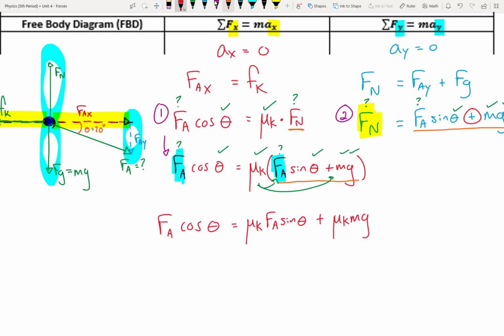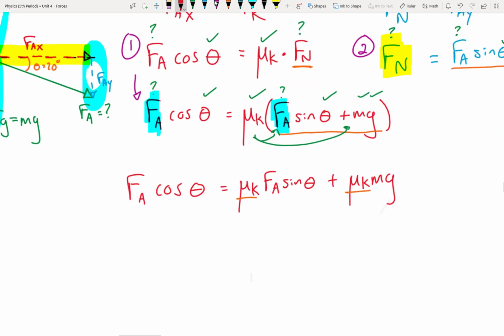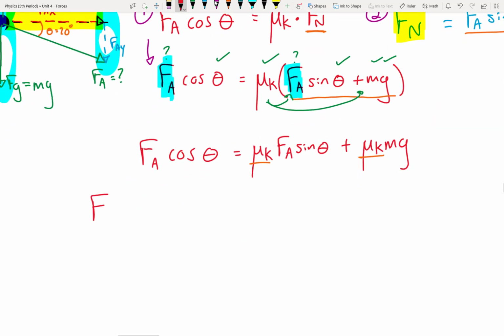Notice this was just distributed, so this went to each term. And then I want to get Fa by itself, so I'm going to subtract my first term on the right side of the equation. Let's subtract that whole thing, mu k Fa sine theta. Those terms are being multiplied, so I got to subtract the whole thing right there. Equals what's left over on the right, mu k mg.